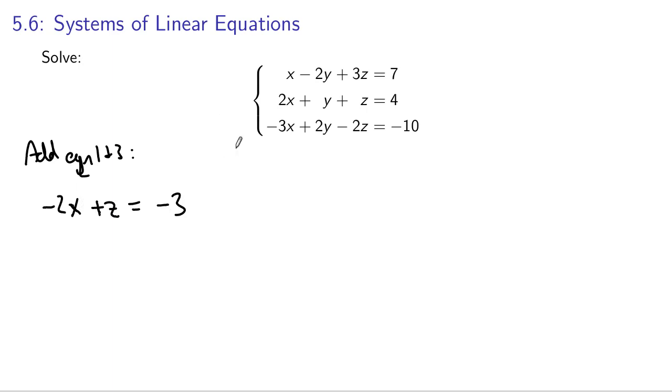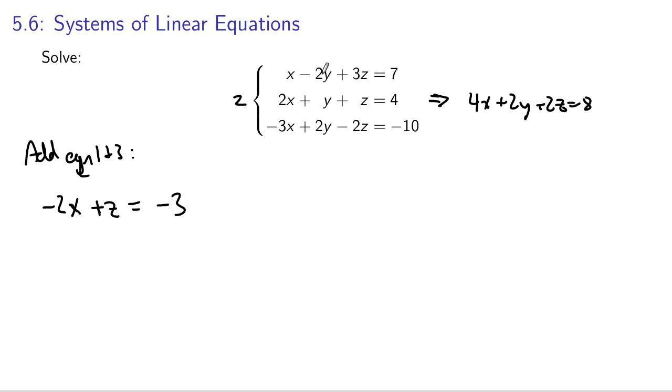Now let's do the same thing to get rid of y in the second equation, but let's multiply this one by 2 first. So we would get 4x plus 2y plus 2z equals 8.